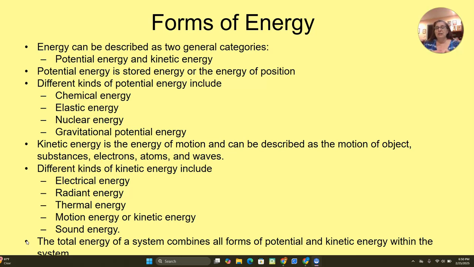All right, now motion energy, think of that like a ball rolling down a hill. The ball in motion has kinetic energy. But we can also think of kinetic energy in terms of electrical energy. So electrical energy is the energy that's produced or used, I don't want to say created because it's not created, but it's the energy that we can observe when we have the movement of electrons.